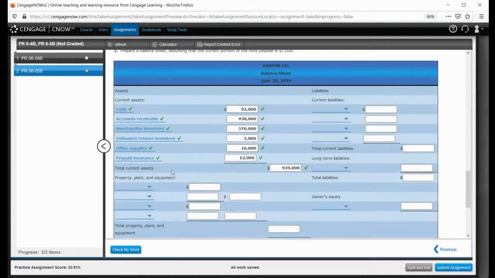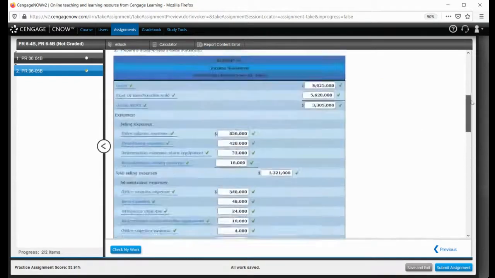While we're looking at our assets, we need to go ahead and plug in what happens for the property, plant, and equipment. You'll remember these are assets that our business intends to use for longer than a year. And we're going to start with our office equipment because it looks like we didn't have any land here.